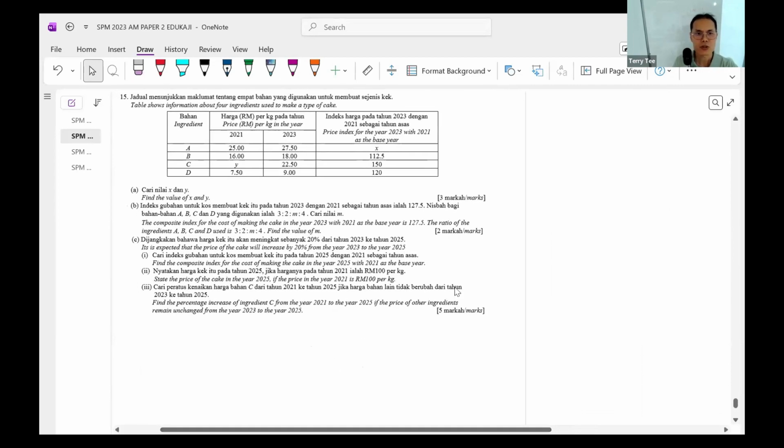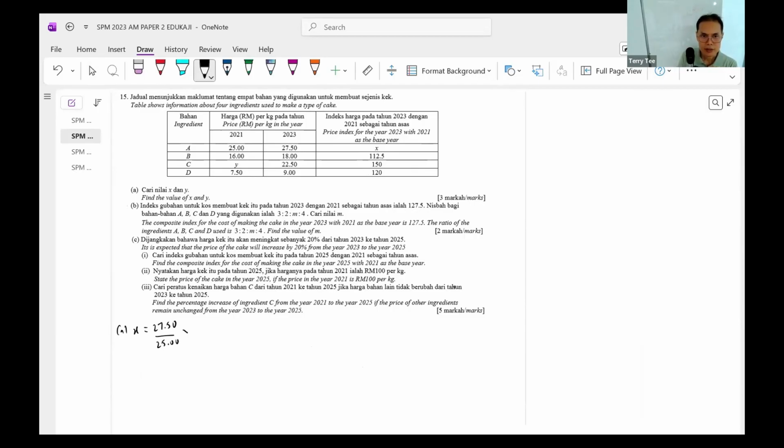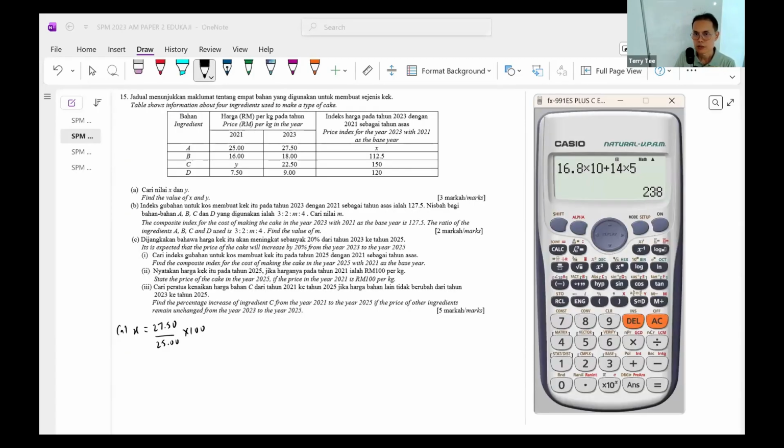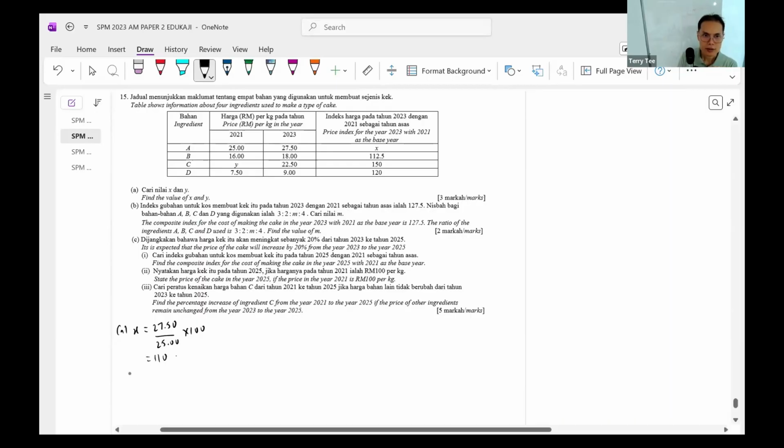The table shows the information about 4 ingredients used to make a type of cake: ingredients A, B, C, D. You're supposed to find X and Y. Let's start with X. X is the price index of ingredient A: 2750 divided by 25 ringgit, times 100. Let's count. My answer is 110.